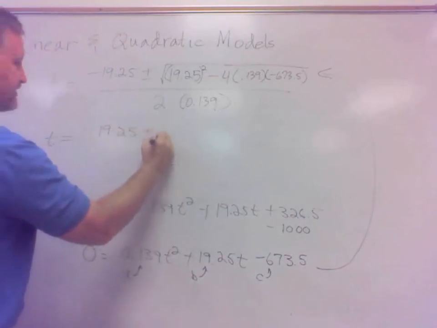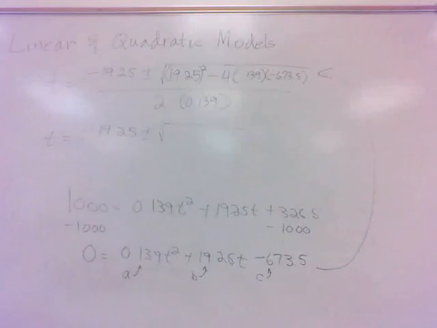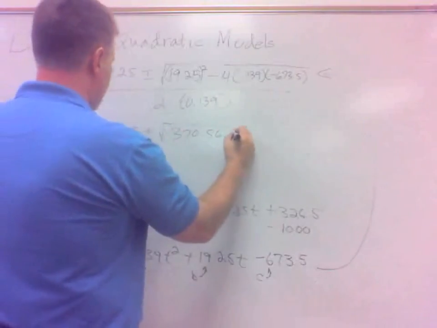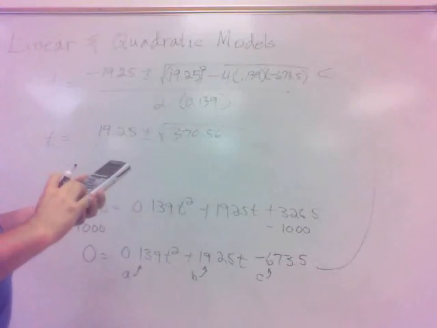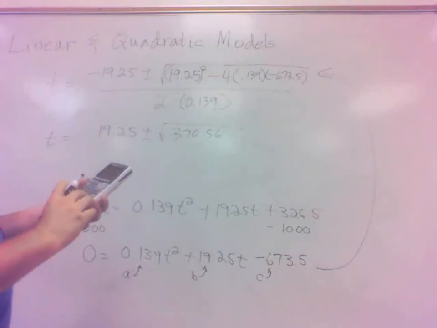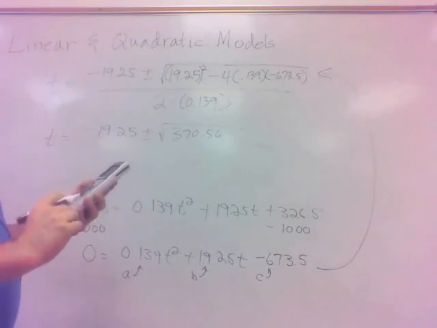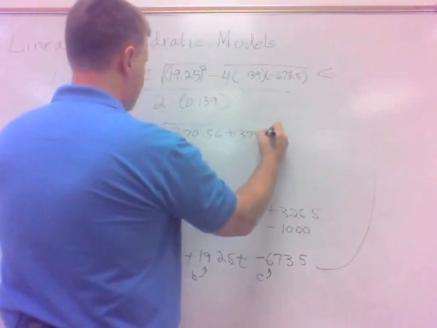So it'll be negative 19.25 plus or minus the square root of 19.25 squared, which is 370.56, roundabout. And then minus 4 times 0.139 times negative 673.5 gives me positive 374.466.